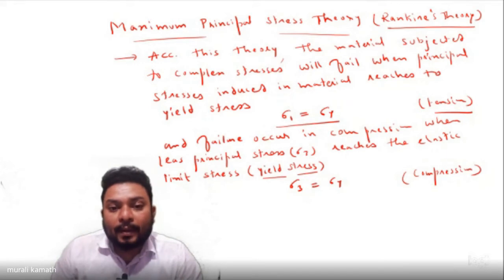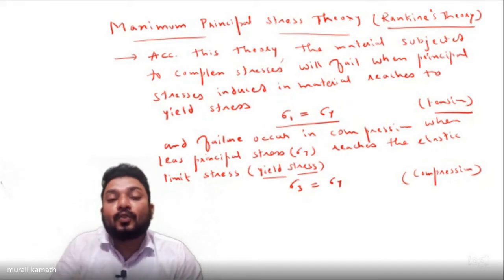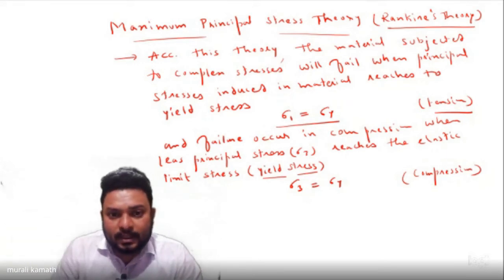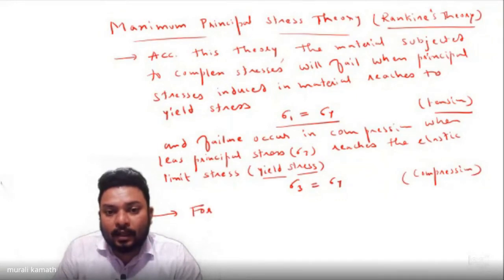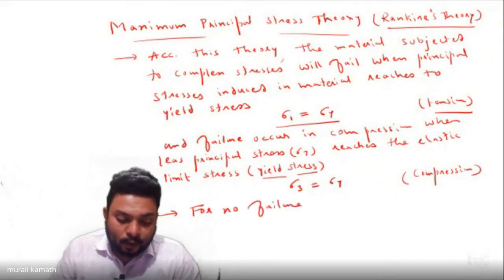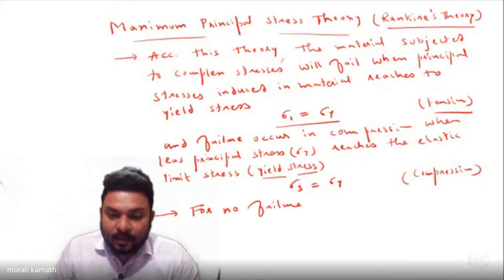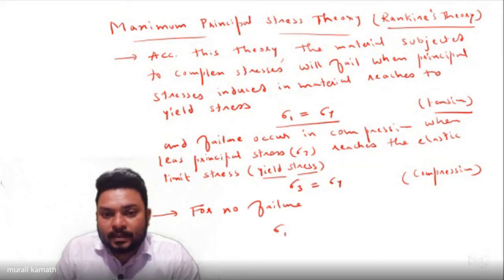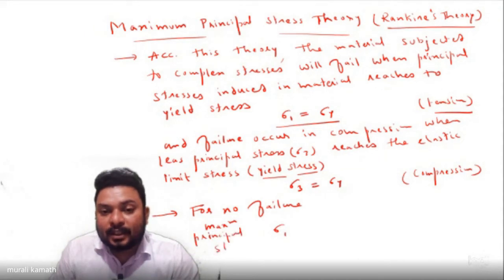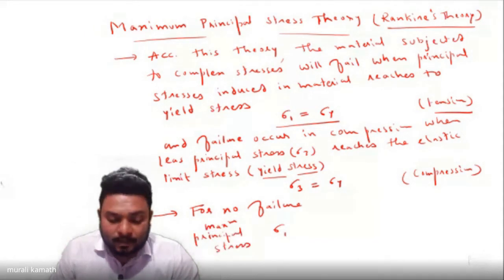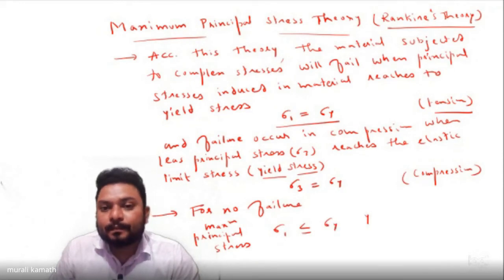So according to this theory, for no failure, the maximum principal stress should be less than your yield stress.